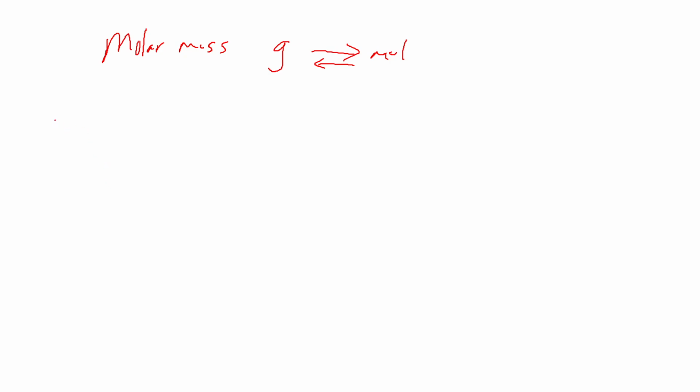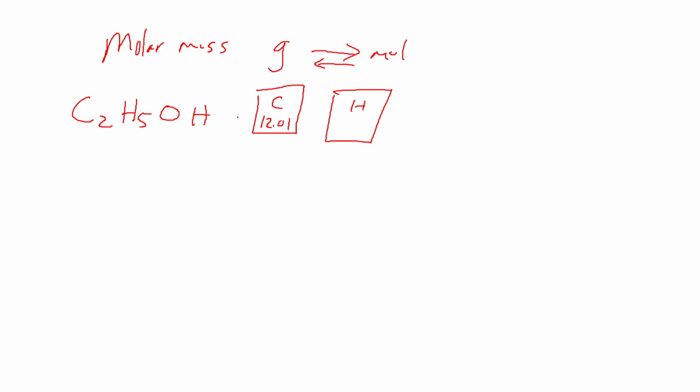So once we had some long formula like C2H5OH or something like that, basically we just add up the parts. It doesn't matter. So again, we go to the periodic table, find carbon, go to the periodic table, find hydrogen, go to the periodic table, find our friend oxygen. And again, we're just going to add up all the parts here.